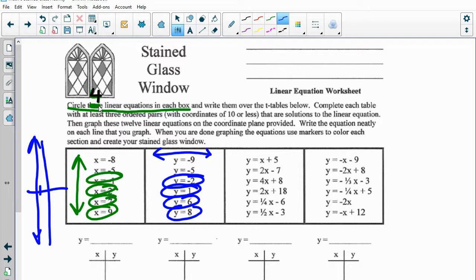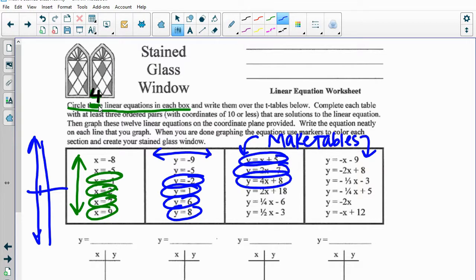But the last 2 boxes are normal slanted lines. You will need to make tables for those. So above those 2, will you please write make tables for these 2 boxes? You're choosing 4 equations in each. You can pick any of the 4 you want to, but they will all need tables.